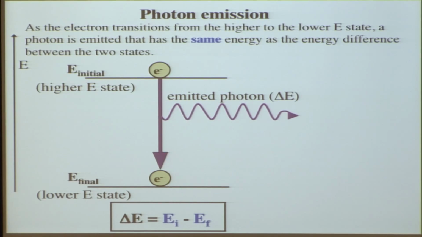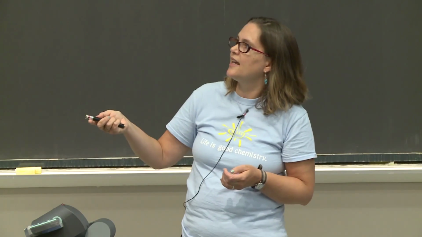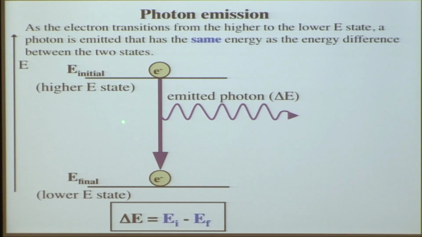So there's this difference in energy between the two states, and the photon that gets emitted when this energy transition happens has the same energy as the difference between those. So the energy of the emitted photon is also delta E. So you emit all of that energy as you have that change.